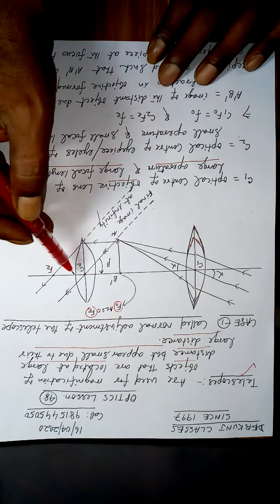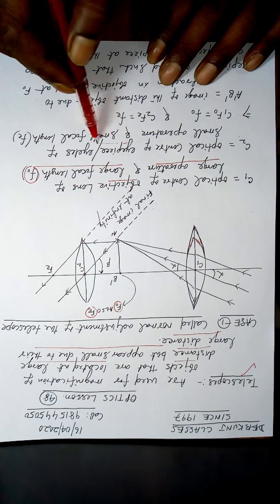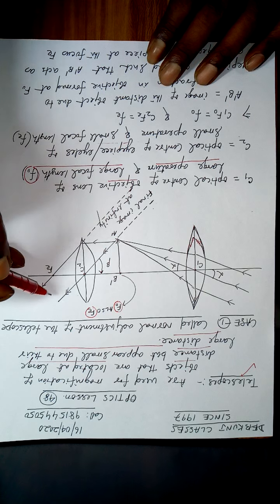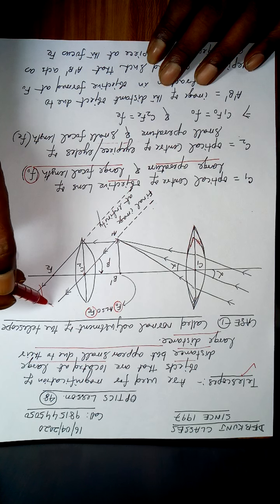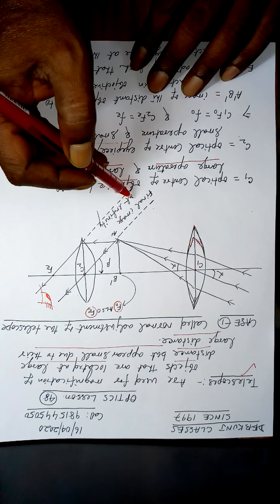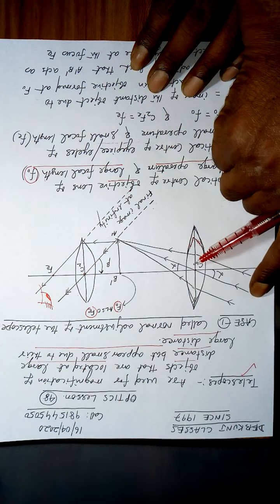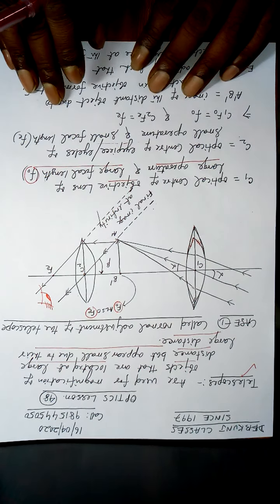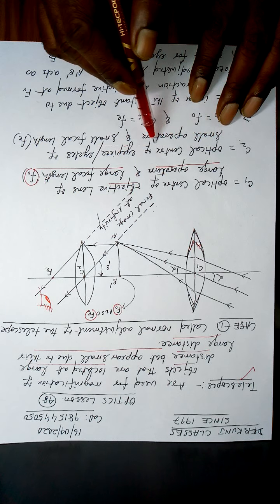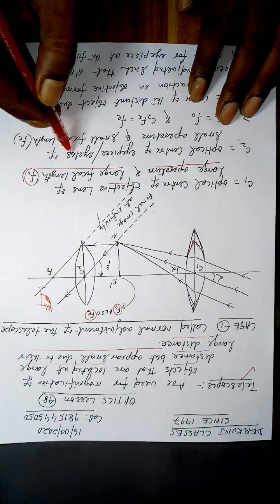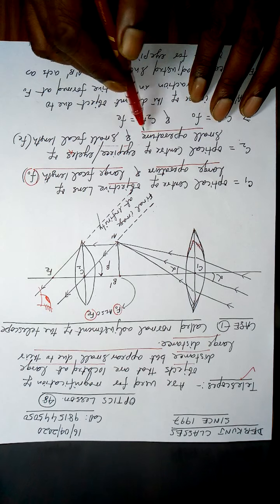Now C2 is the optical center of the eye lens or the eyepiece, because we will be watching from this side. This is your eye. When you are watching, you are actually seeing the image of this distant object at infinity. Why is it at infinity? Let me explain. C2 is the optical center of the eyepiece, or eye lens, of small aperture.